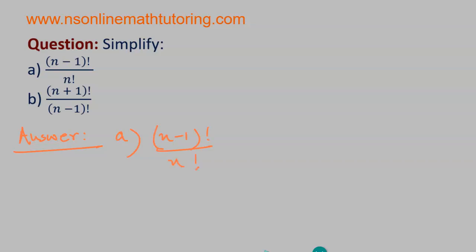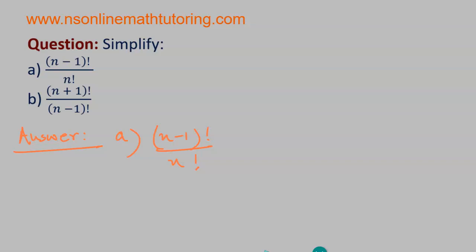Now, these are variables, but obviously n is the larger number between n and n-1, whatever may be the value of n. n is a positive integer, otherwise we cannot have these factorials. n-1 is a positive number where 1 is getting subtracted from n.